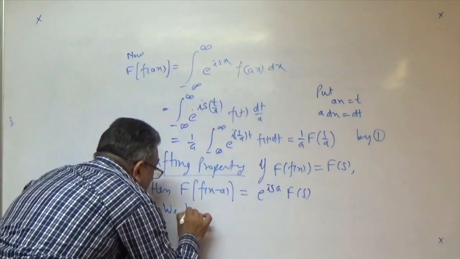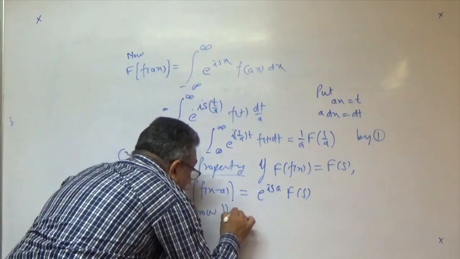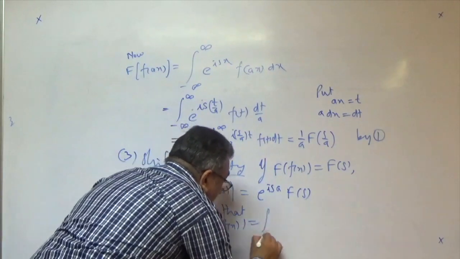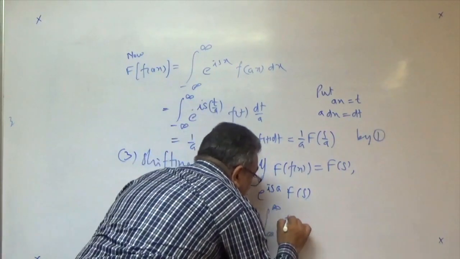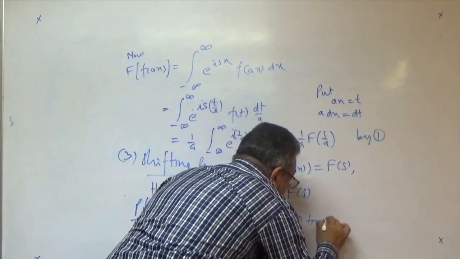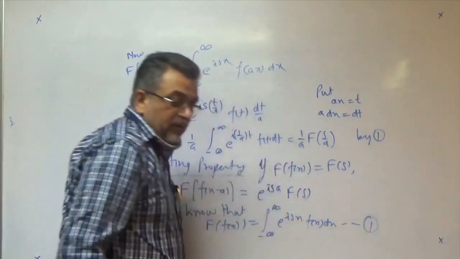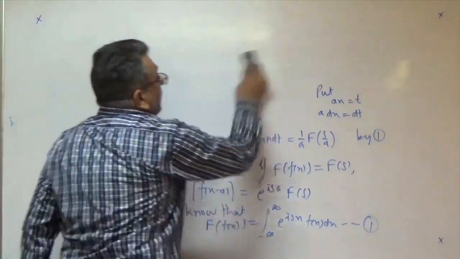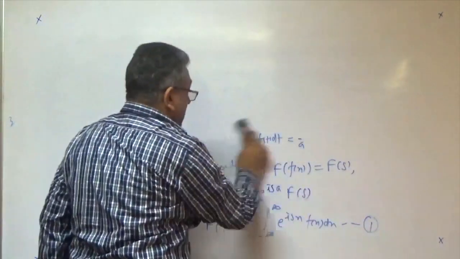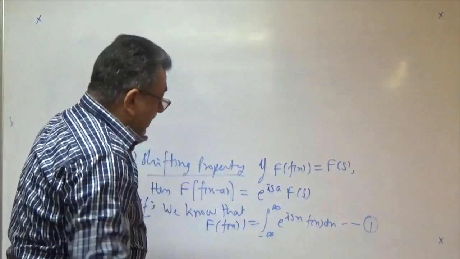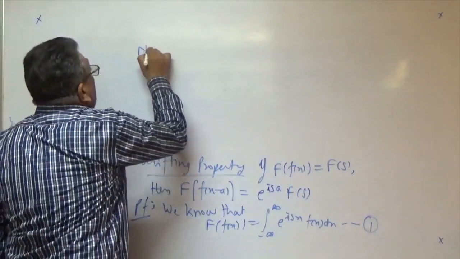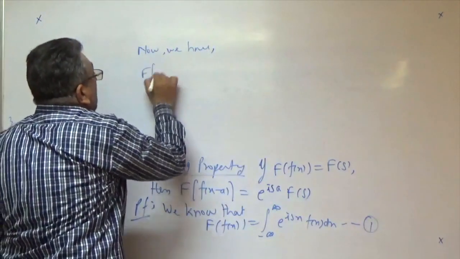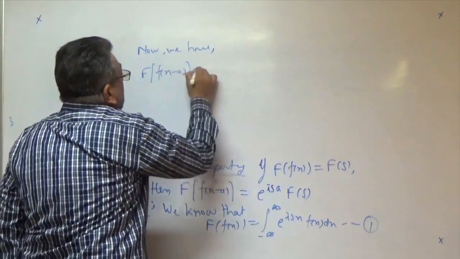Similarly, we know that the Fourier transform of f(x) is the integral from minus infinity to infinity of e to the power i s x f(x) dx. Take this again as equation number 1. Now we have the Fourier transform of f(x minus a).